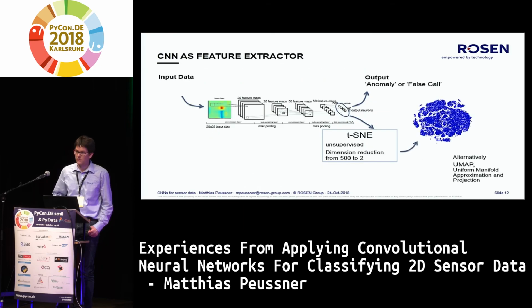Yes. Did you try, instead of the t-SNE, just a basic ensemble method like random forest, to use the 500 features to classify? Because this is very interesting, but it might be easier just to use the 500 features for the classification.